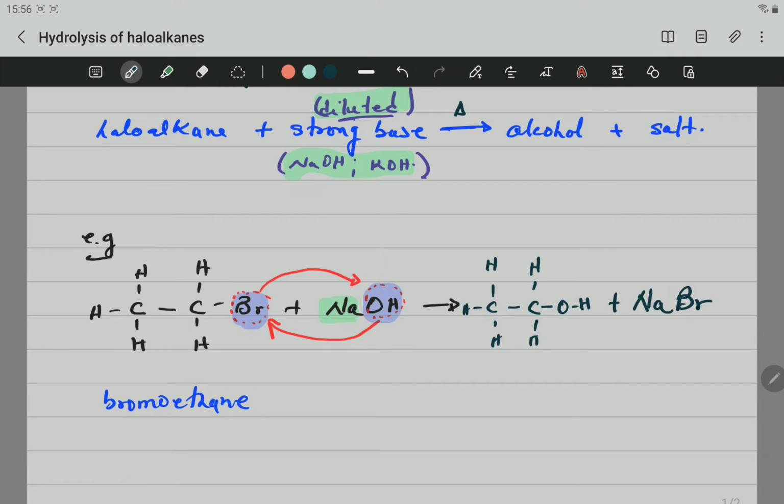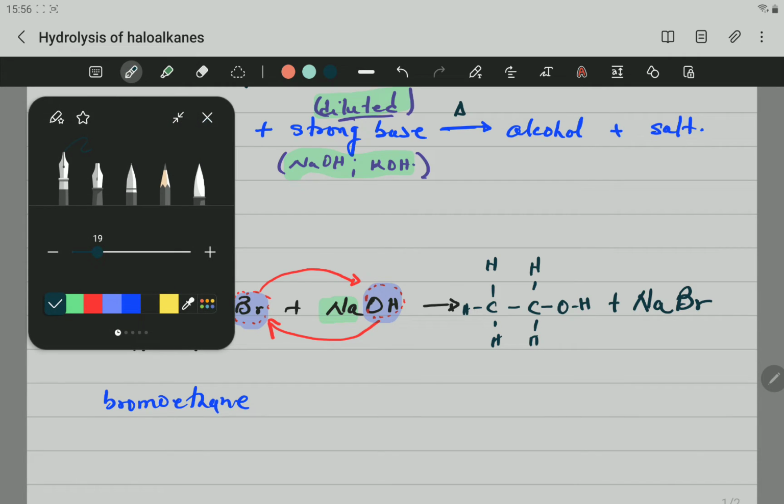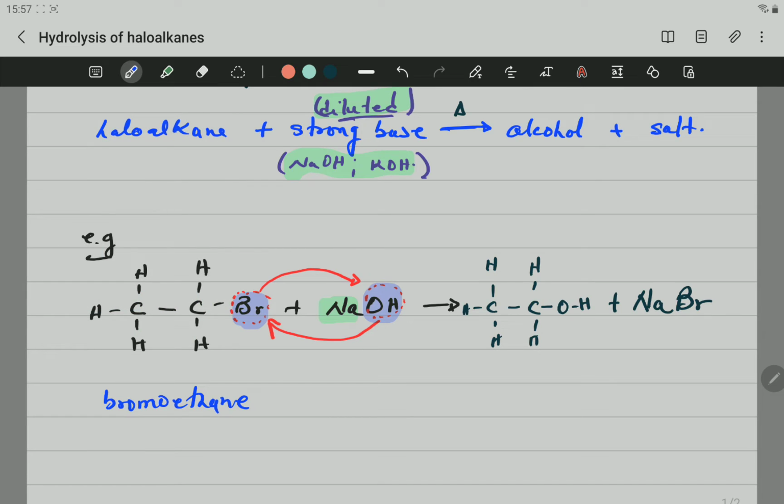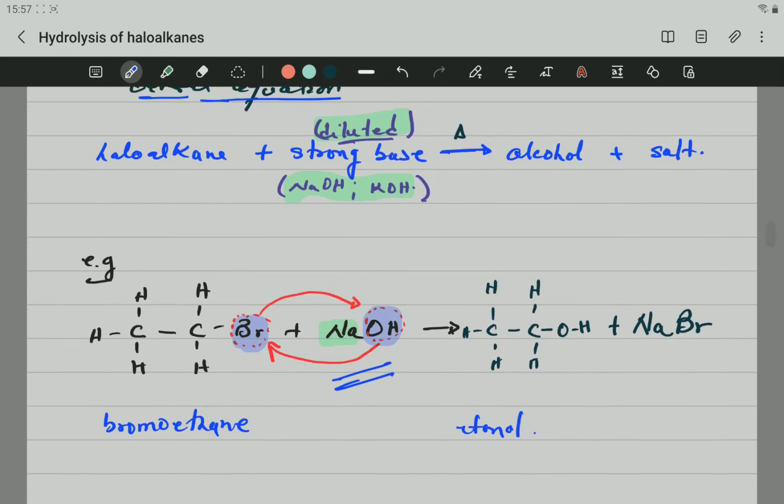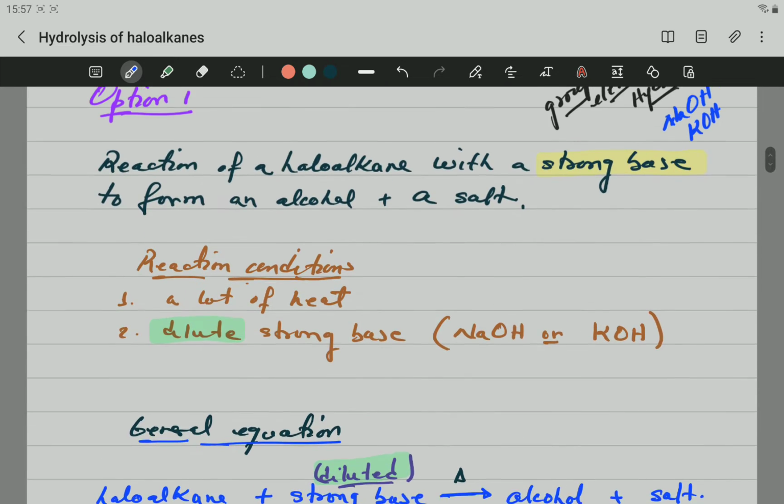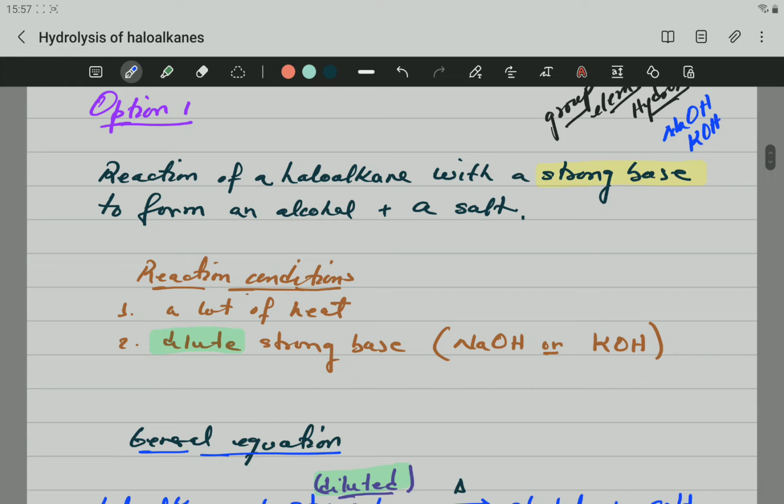So now we have the alcohol, which in this case is ethanol, and we have sodium bromide, which is the salt. I hope this is understood. It's very simple. It's a reaction of a haloalkane with sodium hydroxide, the dilute strong base, and the alcohol is formed. This is option 1.